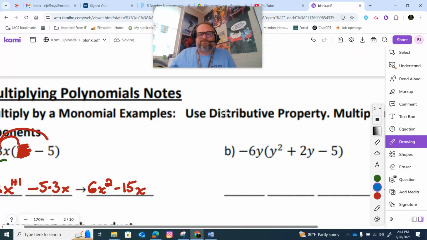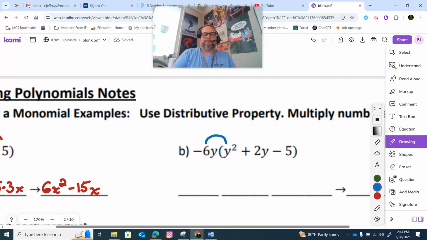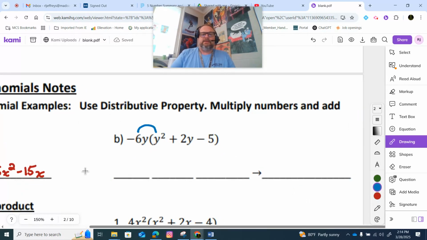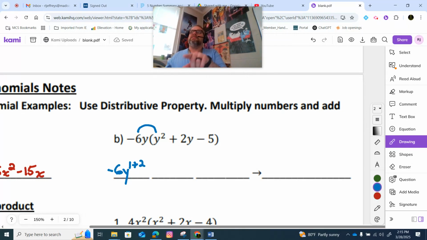Okay. Now, we're going to go through the same steps. All right. So, we're going to have -6. All right, this is y to the 1 plus, what's this exponent? 2. Okay. These are questions you can easily get.